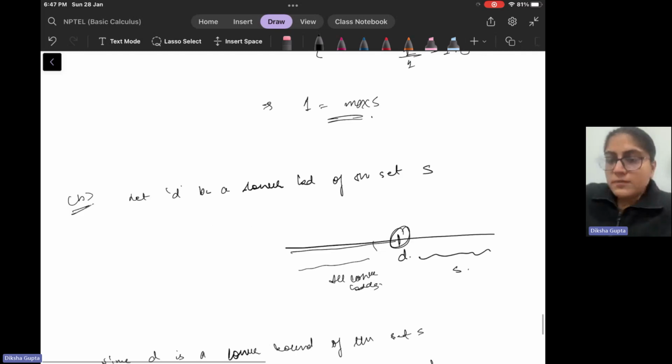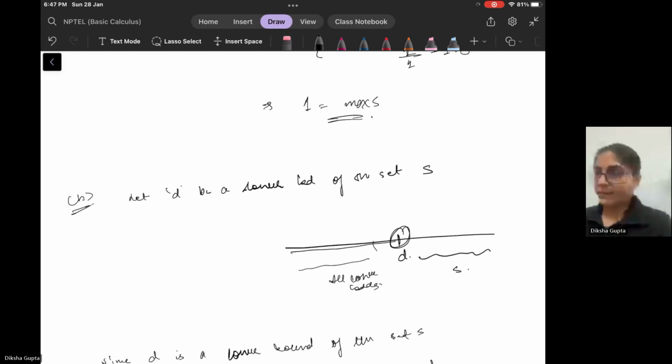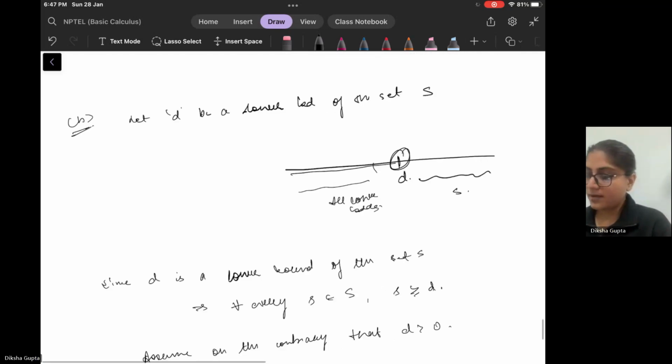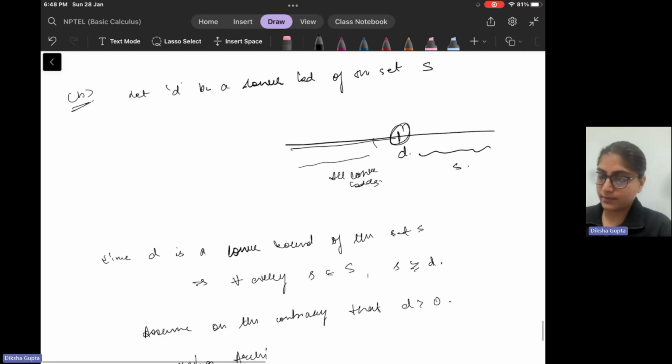So can you also visualize it? Because if there is a number which is positive and is a lower bound of the set, then we can always find a number smaller than that using the Archimedean property. So these are all the set of 1 by n.